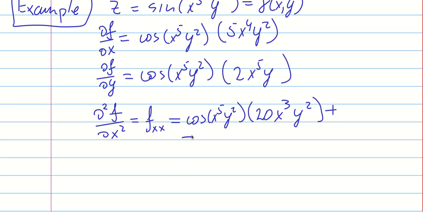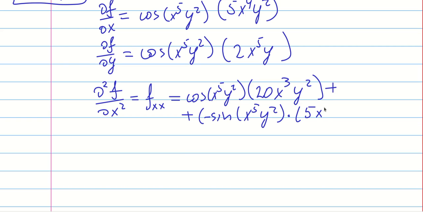That's where we took the derivative of 2x to the 5y, then the derivative of cosine is negative sine of x to the 5 y squared times 5x to the 4 y squared, and we still have 5x to the 4 y squared, unless I made a mistake somewhere.